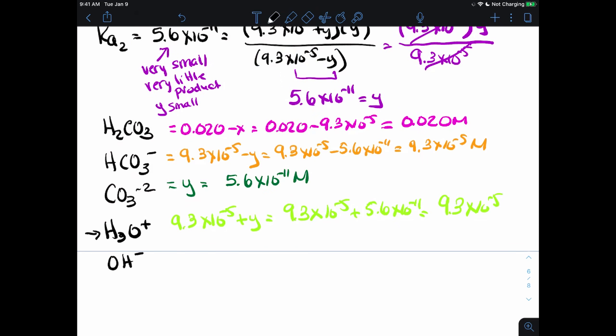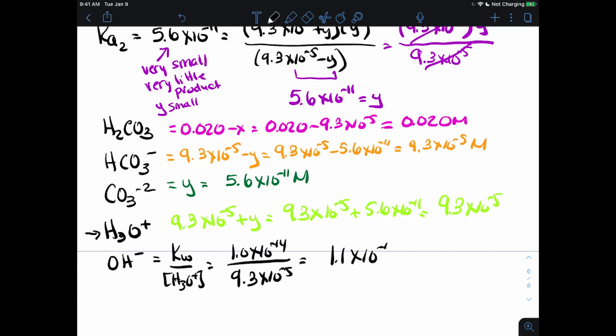And then the OH concentration, we're going to get that relating back to how much H3O plus we had. So 1.0 times 10 to the negative 14 divided by how much H3O plus, 9.3 times 10 to the negative 5, for a total of 1.1 times 10 to the negative 10. Not surprising, it's very small. This is a weak acid, so we expect there to be more H pluses than we do OH minuses.